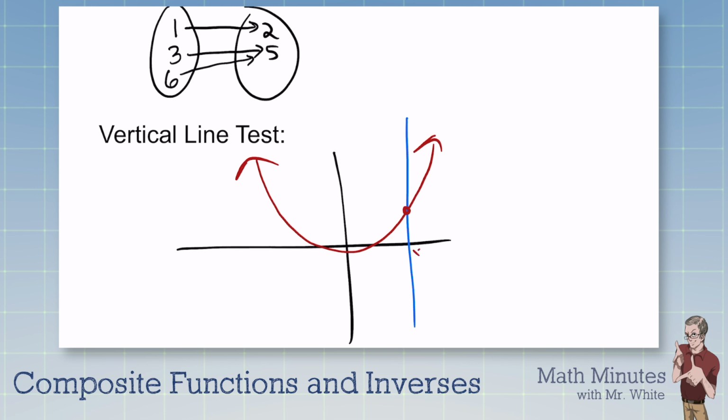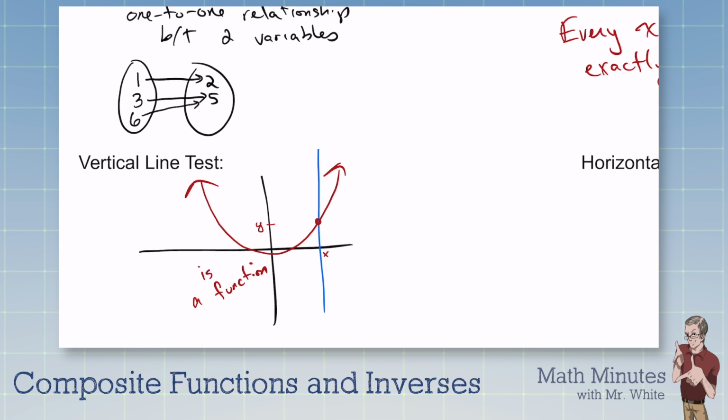You see how this x down here maps to this y over here always and only one time? That x only maps to one y value. So we're okay. That passes the vertical line test, so this is a function.